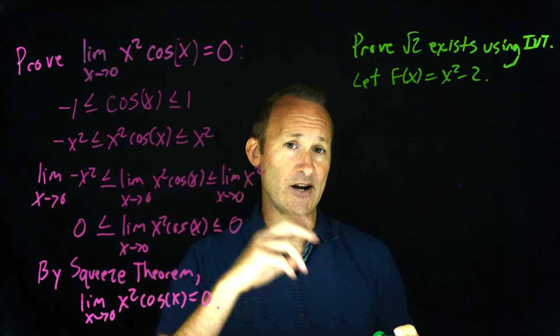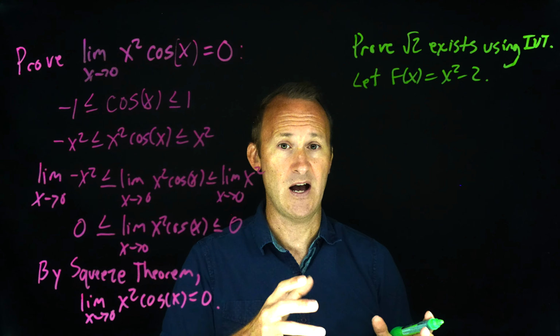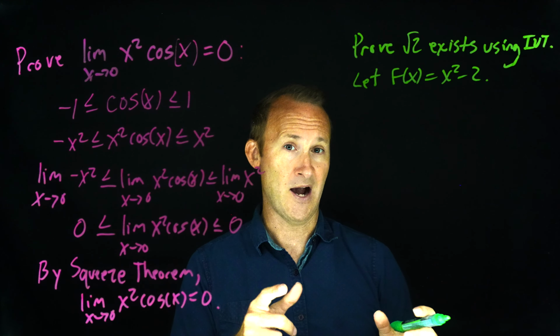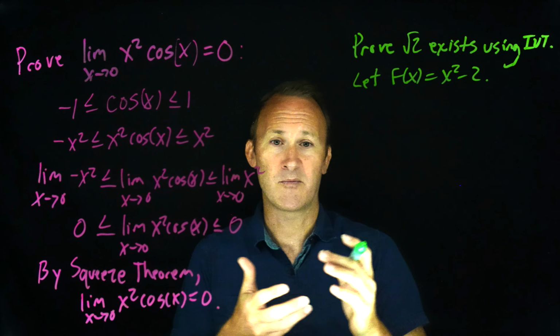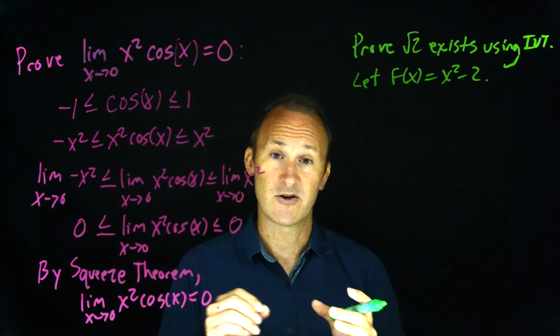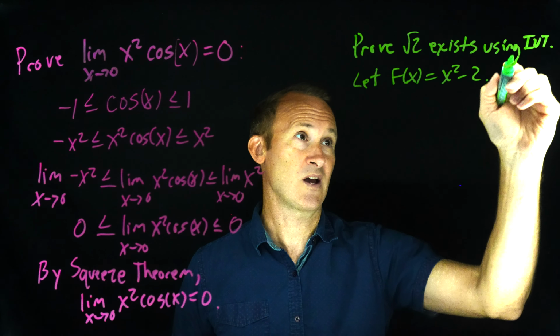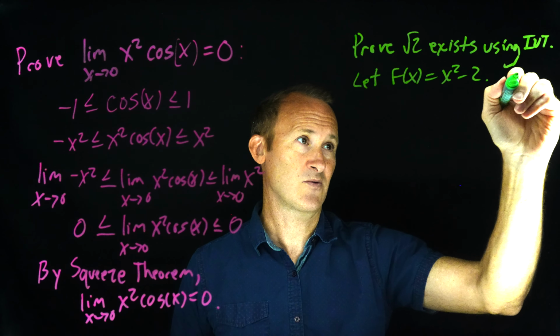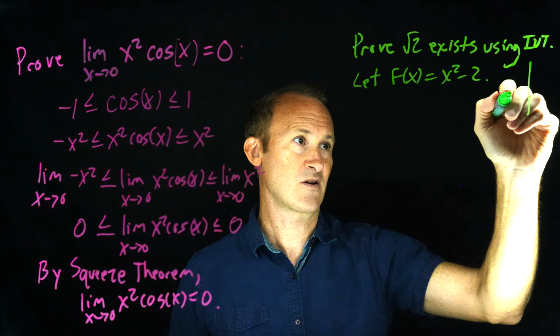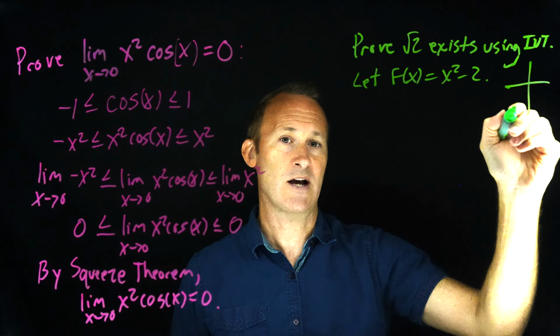The strategy for the intermediate value theorem is to find a number greater than 0 and a number less than 0. I was going to put a sketch up here, so let's do it. This is our function, x squared minus 2.